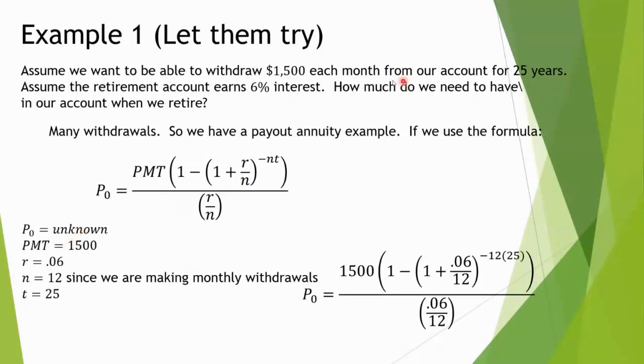Our PMT is our monthly withdrawal or monthly payment. P0 is how much is in the account when this all begins, when we're withdrawing each month for 25 years.